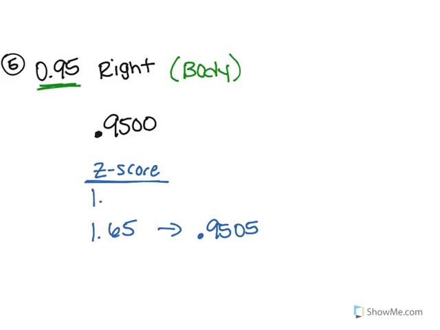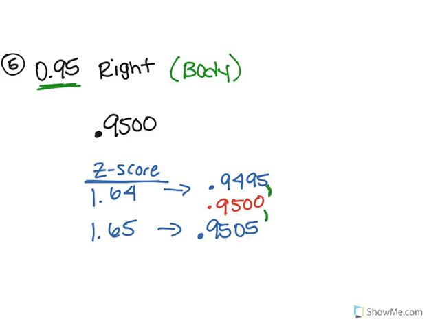Okay, so we know we're looking in between 1.64 and 1.65. 1.64's measurement is 0.9495. So 0.95 would be in between them if it was on the table.